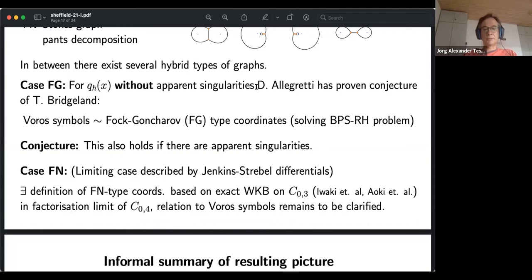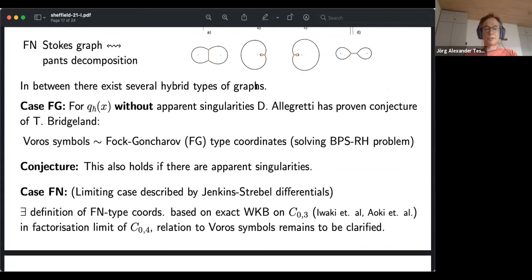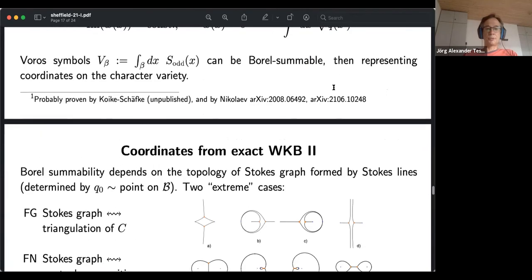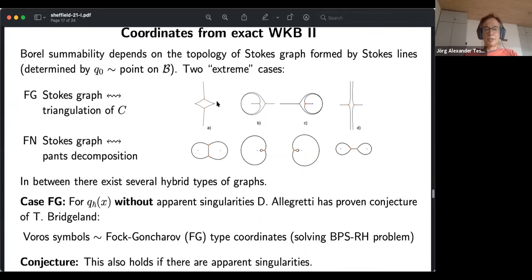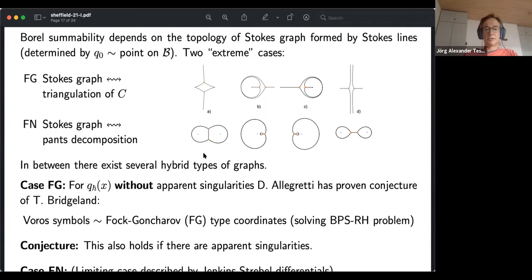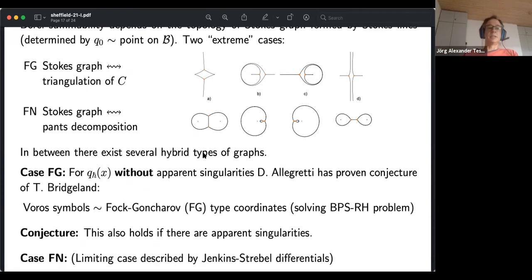What would be nicer, but what I'm somewhat uncertain about, is to also generalize the description in terms of Voros symbols to the case of Fenchel-Nielsen networks. It could well be that in this round there are people who have understood this already, but I feel slightly uncertain about the status of this. So whether in this case of a Fenchel-Nielsen network, the Fenchel-Nielsen coordinates that we define by an indirect method are directly representable as Voros symbols.